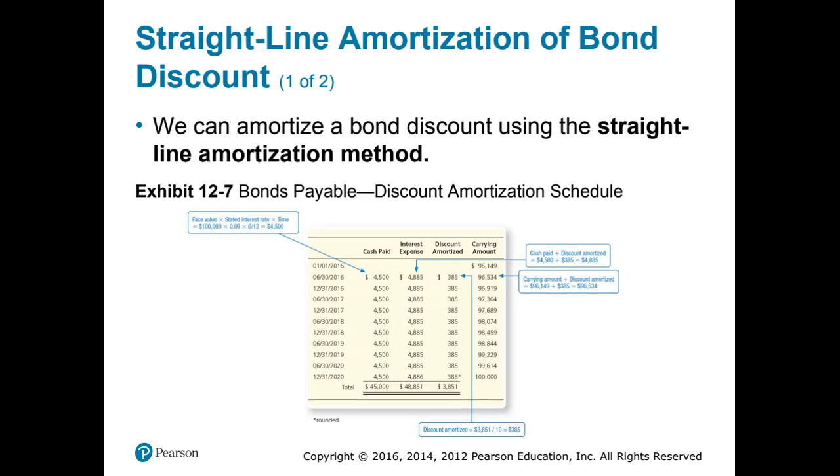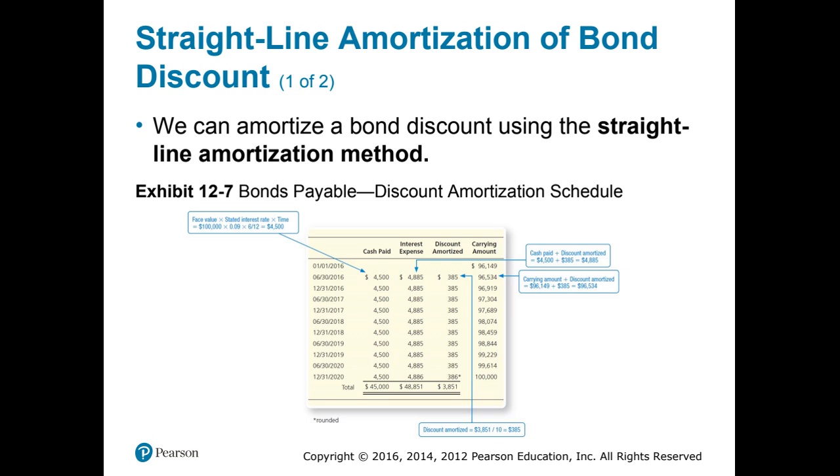We can amortize a bond discount using the straight line amortization method. This is on page 608. And here they're showing us all of our different calculations, how they calculated each of these. So we started with our date, and then we have cash paid.